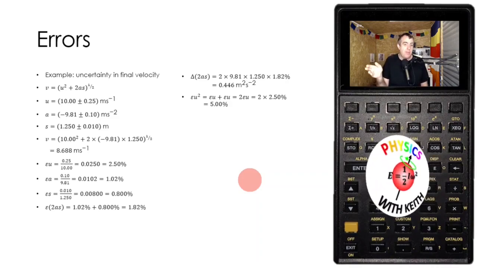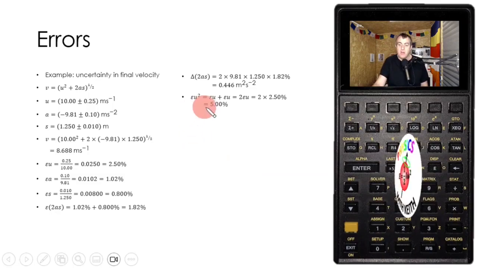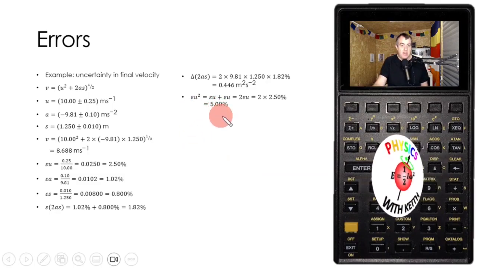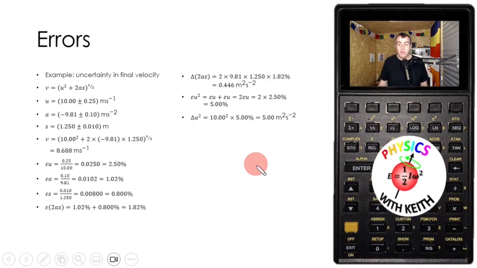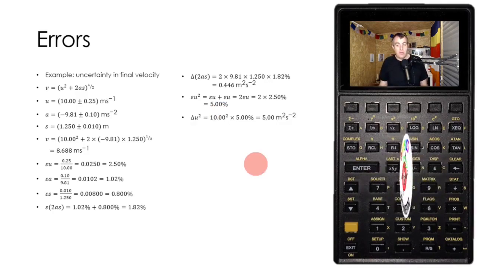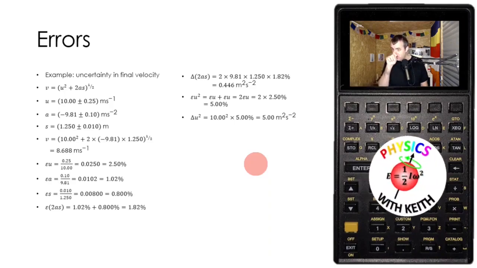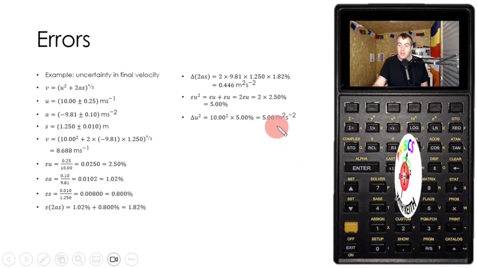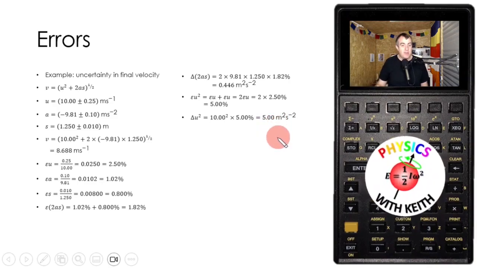Remember, if I've got something raised to a power, I can multiply the percentage uncertainty by that power. So I've now got 5%. I need to get that into an absolute uncertainty, so I multiply that 5% by what u squared is, which is 10.00 squared, or 100.0. So I can do that calculation, and I get 5.00 meters squared per square second.